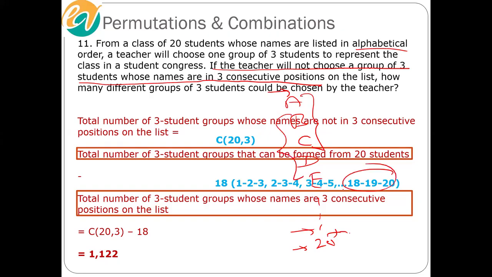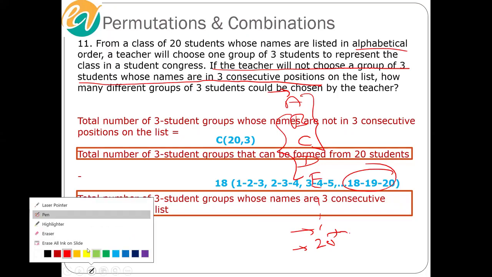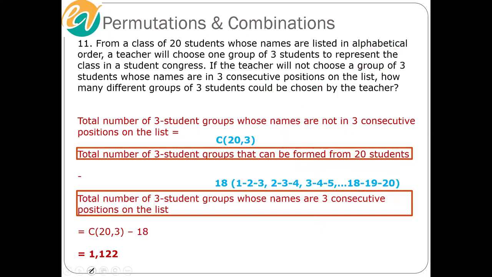The final one that will not be counted is 18, 19, 20. So starting with 1, starting with 2, starting with 3, and finally starting with 18. So 1 to 18, that's 18. In my mind, I was planning to write all of them out, but that would not be feasible, and it's not required either.